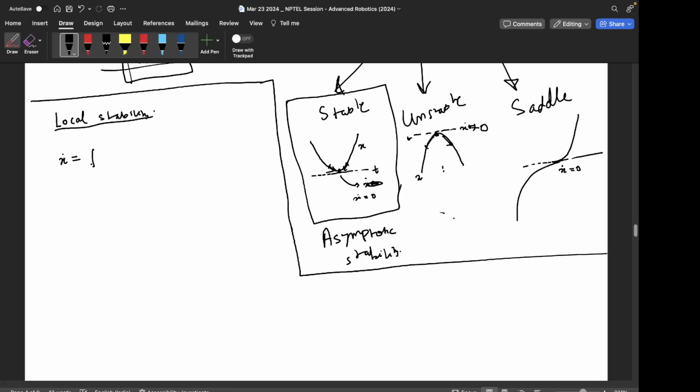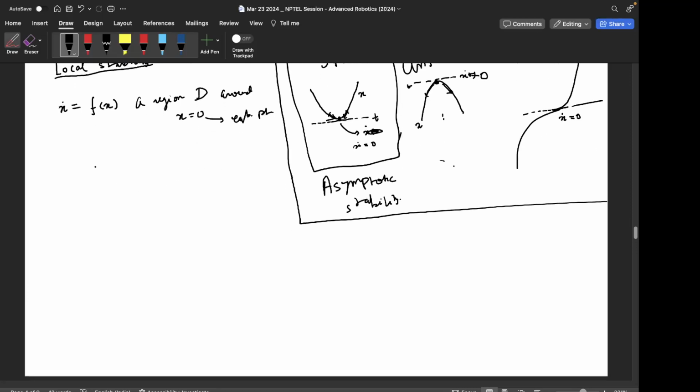Okay, so it starts like this. We have a system x dot is equal to f(x), and we will define a region D around the origin, that is x equal to 0, and that is an equilibrium point, let's say. Now let's say there is a function V(x), and that is a scalar function which is continuously differentiable.